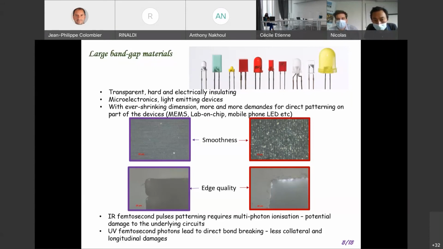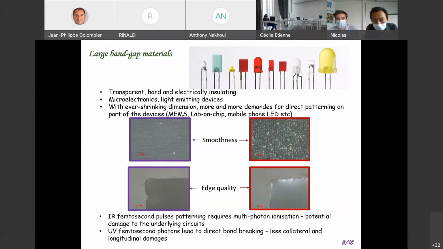And furthermore, there's more to add. Infrared femtosecond laser machining of transparent large bandgap materials requires multi-photon ionization. But when we're machining small electronic devices, there's a potential that part of the infrared ultrafast laser photons transmit and damage underlying electronic circuits.